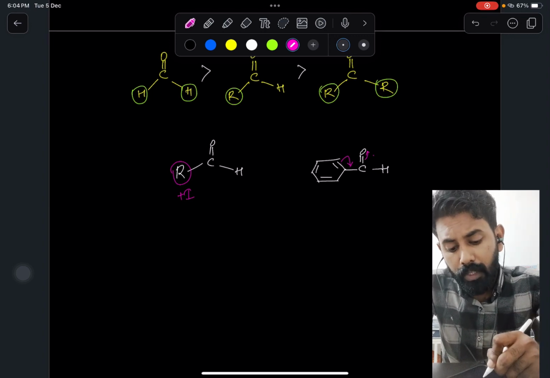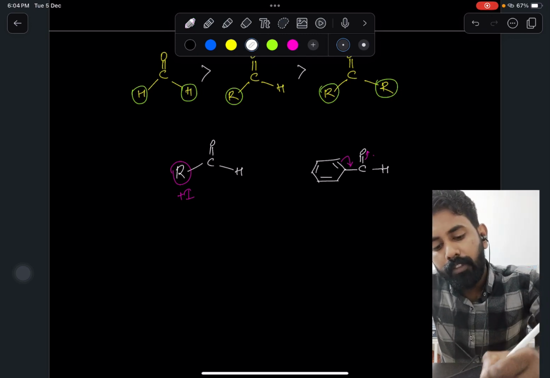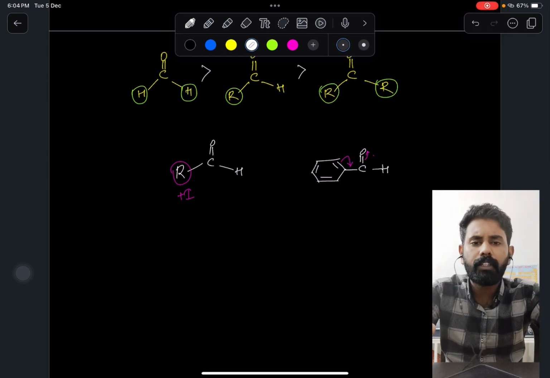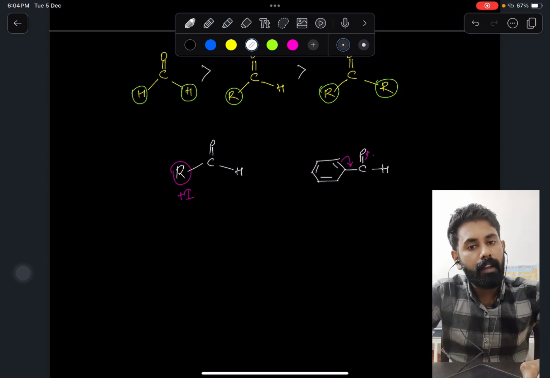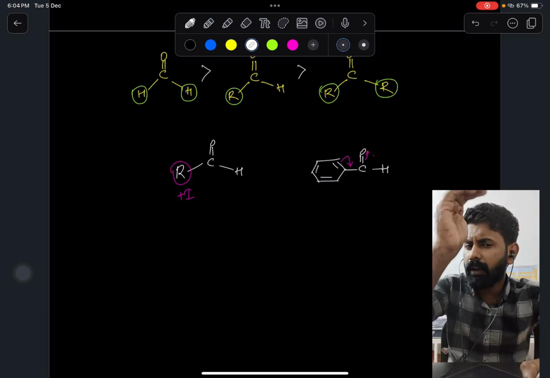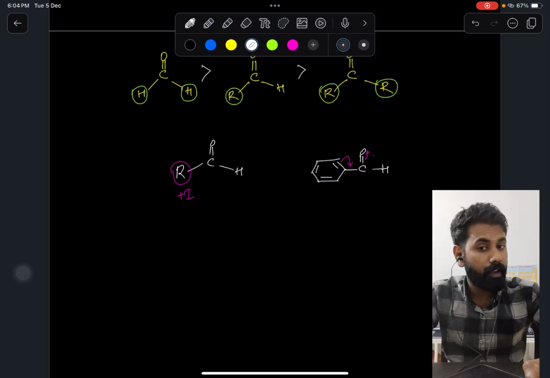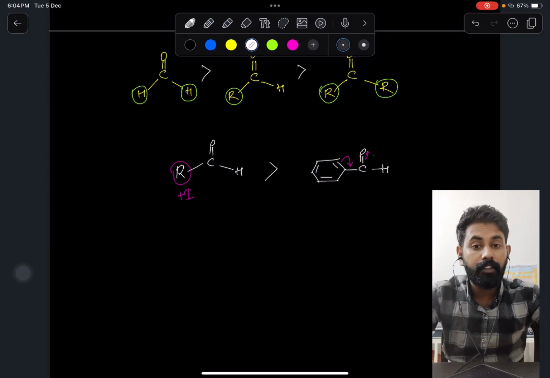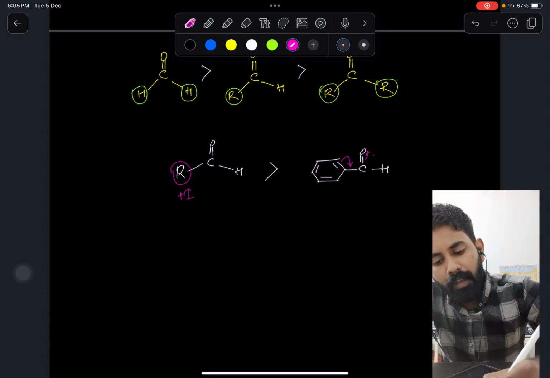So one is releasing electron density to the carbonyl carbon through the inductive effect, and the other is releasing electron density through the resonance effect. Which one is the stronger effect? We all know that the resonance effect is stronger. And thereby, in the case of aromatic aldehydes, there will be more electron density released to the carbonyl carbon, and thereby the carbonyl carbon will be less electrophilic. So if the carbonyl carbon is less electrophilic, the reaction takes place at a slower rate. So aliphatic aldehydes are more reactive towards nucleophilic addition than aromatic aldehydes.